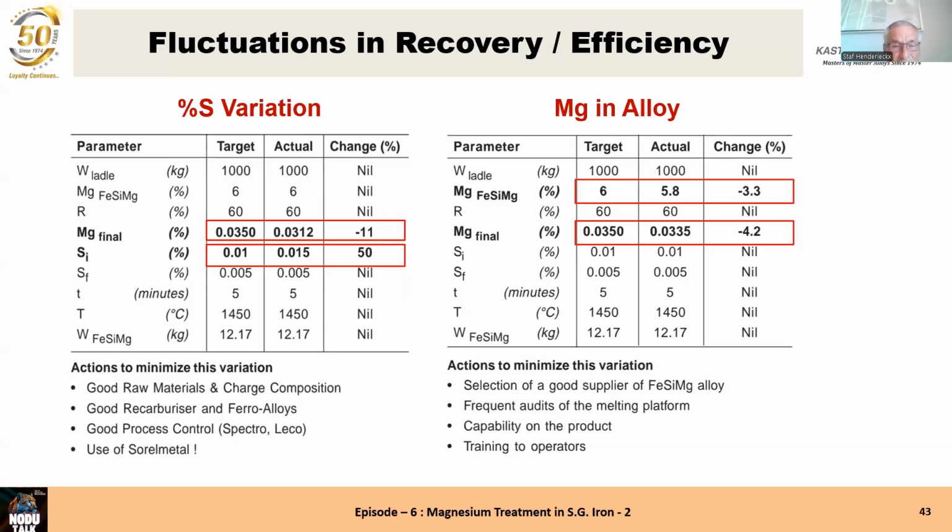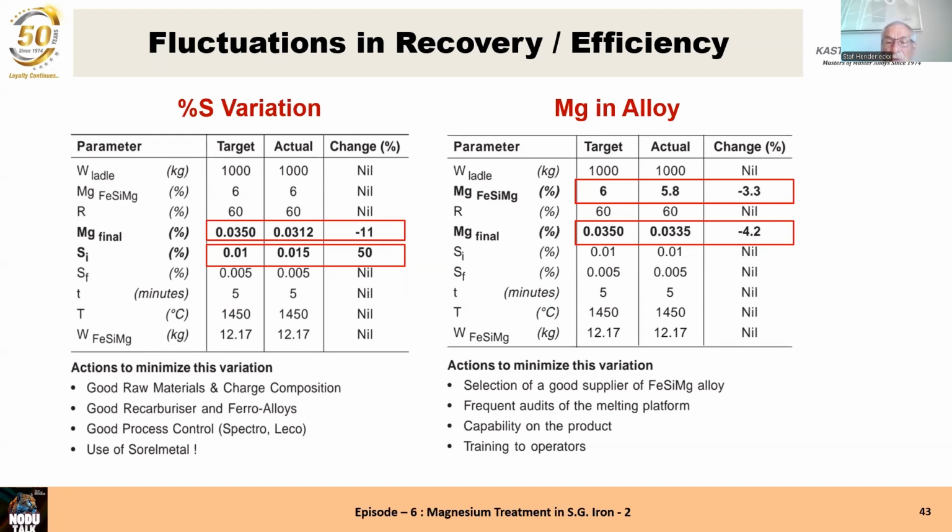The first pour or the second pour. The percent of sulfur variation: if your sulfur is not 0.01, but it's 0.015, you will have to add more magnesium, or otherwise you will get a lower final magnesium content. It's the same if you add magnesium ferrosilicon 6, but it's only 5.8, you will get a different result.